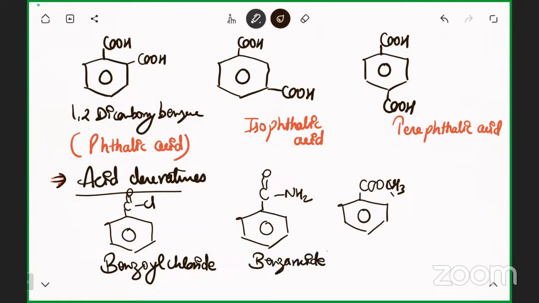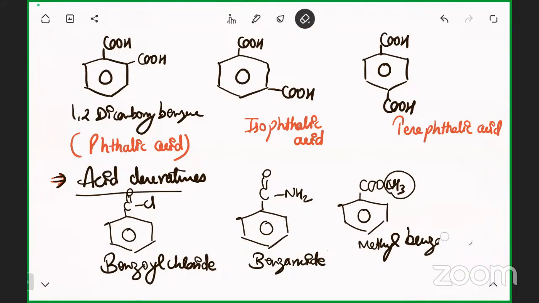This is C. We have CH3, so we'll write as methyl. Since it is an ester, it will be written as benzoate. Yeah, benzoate directly. Benzoate. Okay. These 3 are quite important, so you can go for them.